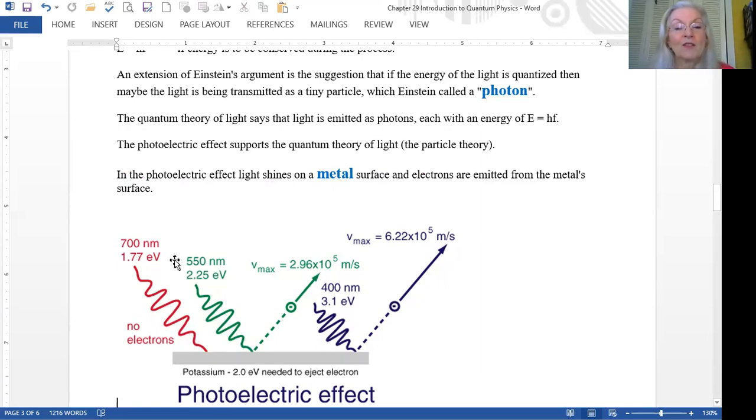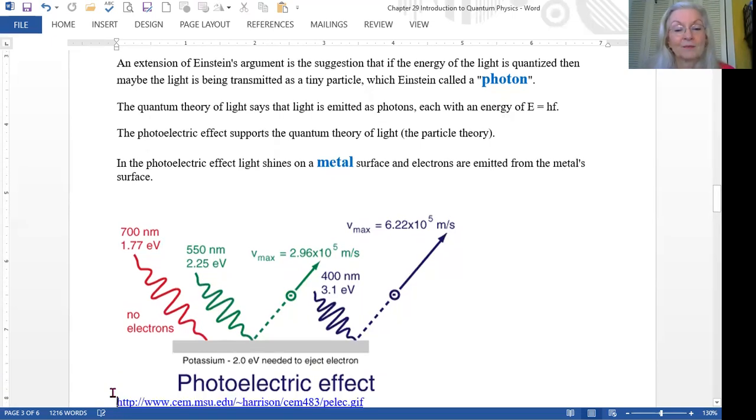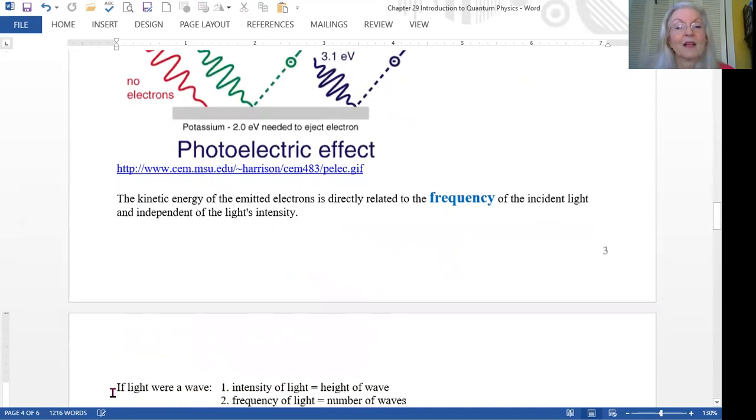But if you're in the 550 nanometer range, that's green, you will have enough energy and you'll have electrons ejected traveling at this rate. If you are in the 400 nanometer range, you can have electrons ejected in this range. So depending on the frequency of the incoming light, that's going to determine the exit energy for these electrons that are forced out of the surface in the photoelectric effect. So the kinetic energy of the emitted electrons is directly related to the frequency of the incident light.